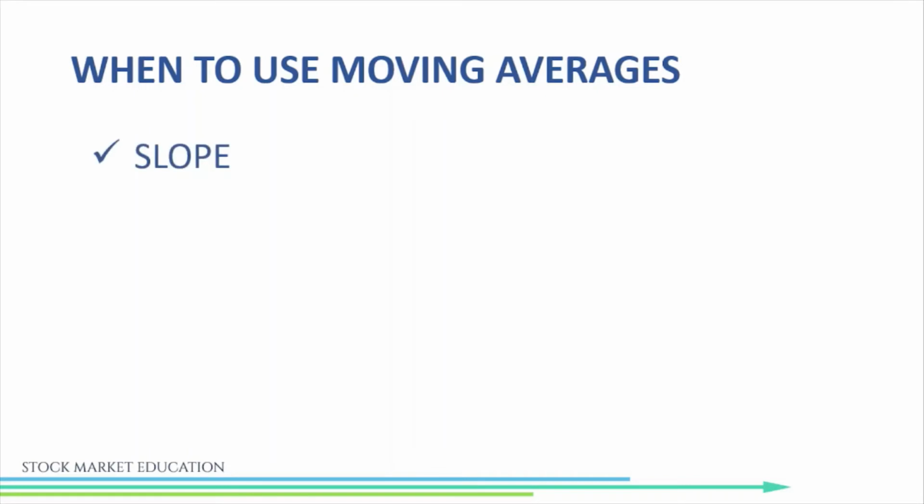There should be a slope for the moving average. Then only you'll consider it a valid signal. When the moving average is flat, you will see that there are lots of crossovers happening, and then you'll end up taking stop loss every now and then. So it is better you avoid such scenarios. You wait for a slope to happen, right?